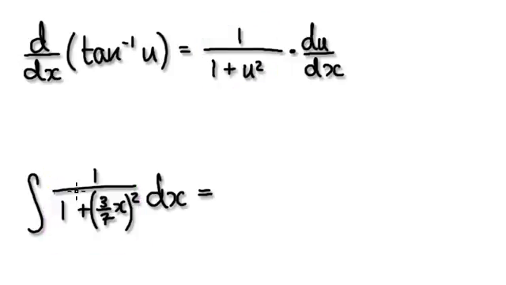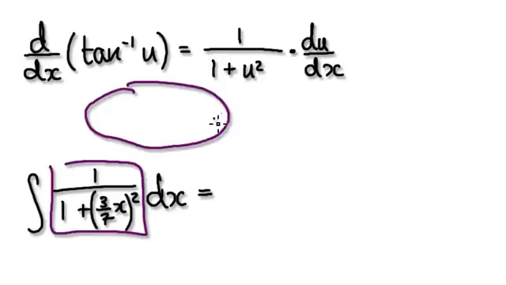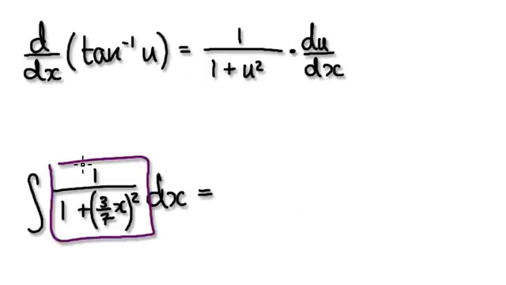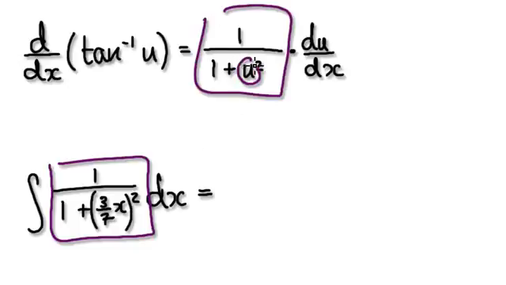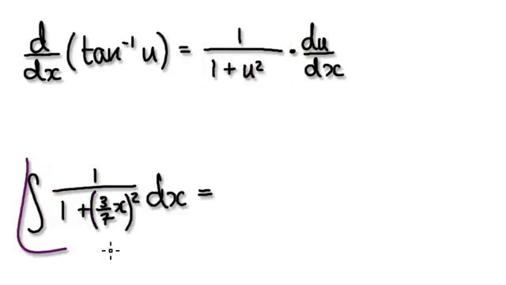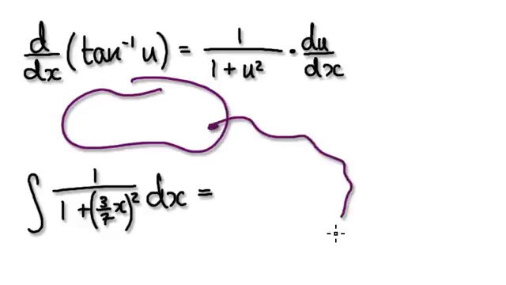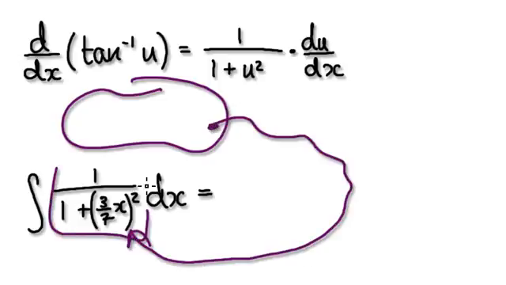So when you try and integrate this, you are really looking for something in such a way that when you differentiate it, it will give you this. So if you look at this here, you can see that this is of this form here. So the u here is really this bit here. So when you integrate this, you are really looking for something in such a way that when you differentiate it, it will give you this thing here.